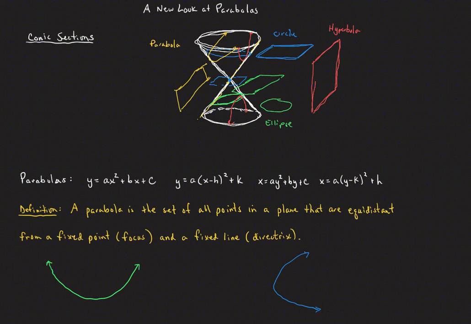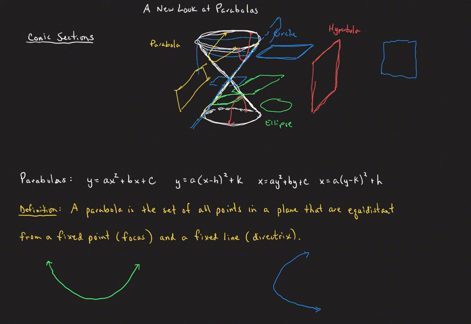If you took a plane that was exactly parallel to one of the original generating lines and that just intersected there, you could get a single line as an intersection, which also is going to be a degenerate conic section.